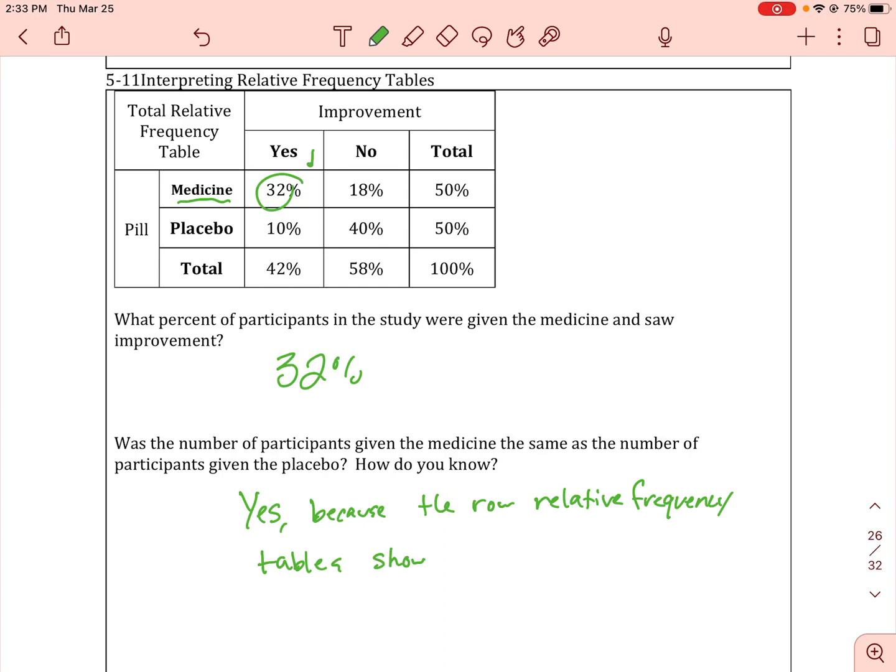It shows 50% total were given the medicine, and 50% total were given placebo.